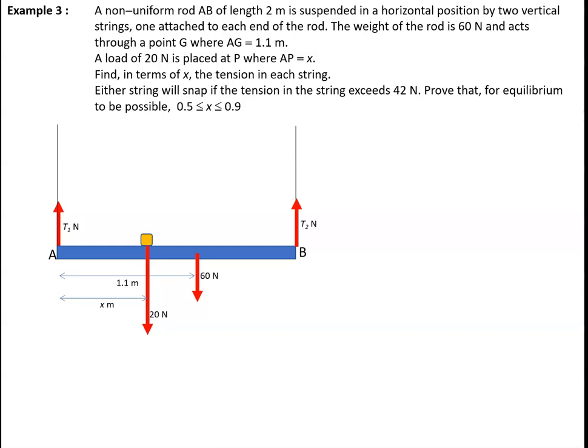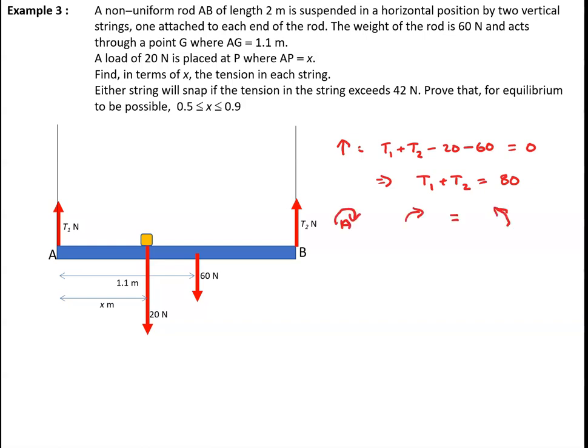Since the system is in equilibrium, we need the total vertical force to be equal to 0, which means that we've got T1 plus T2 minus 20 minus 60 must equal 0. In other words, T1 plus T2 must equal 80.